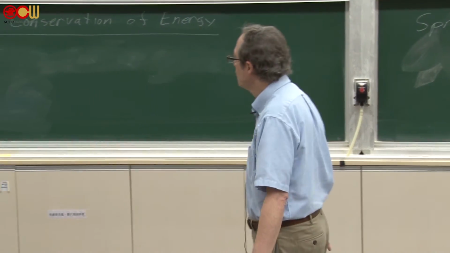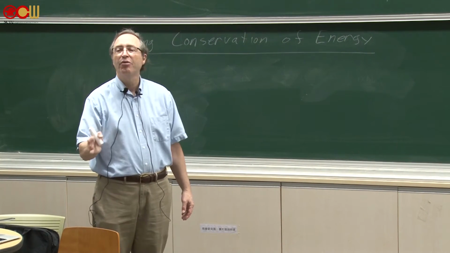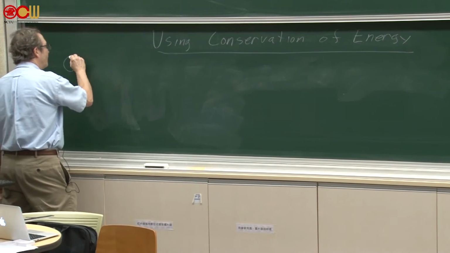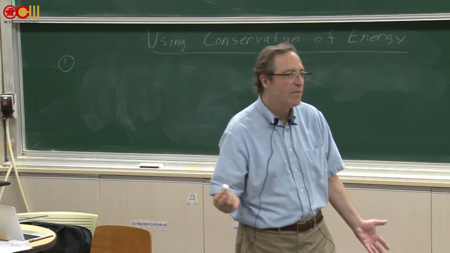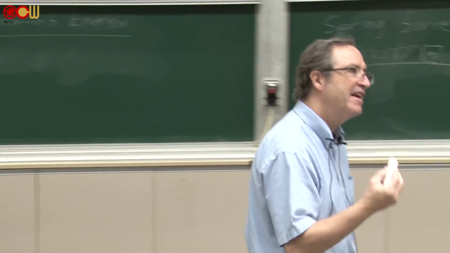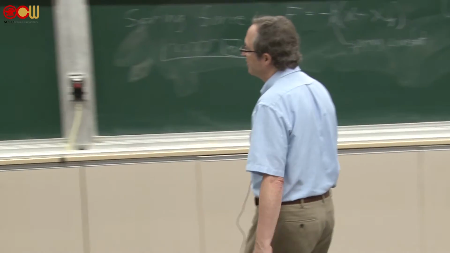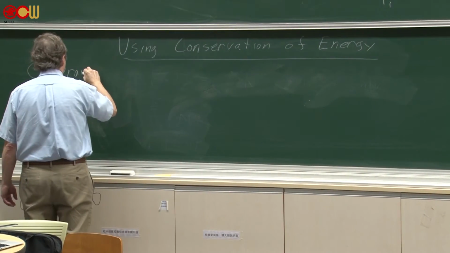So how do we use it? As with every single problem you do, what do you think the first step is? Any problem I give you so far, what is the first step? Draw a picture, that's it. So you want to draw a picture.